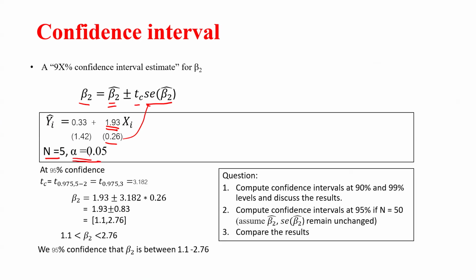What does it mean? Alpha 0.05 means a 5% significance level. A 5% significance level means you accept 5% error or you have 95% confidence. Okay, and you relate all the numbers together.